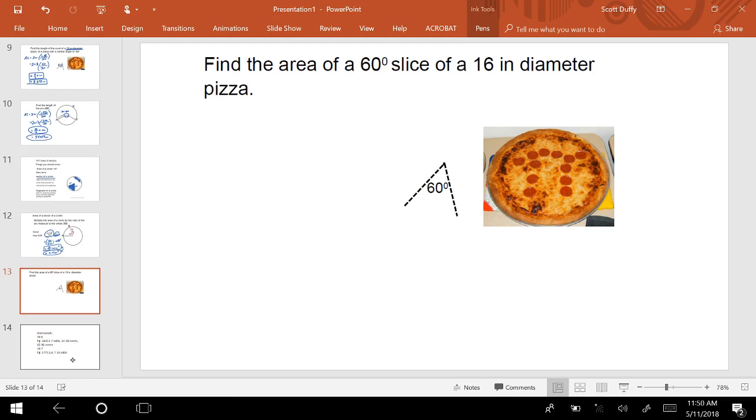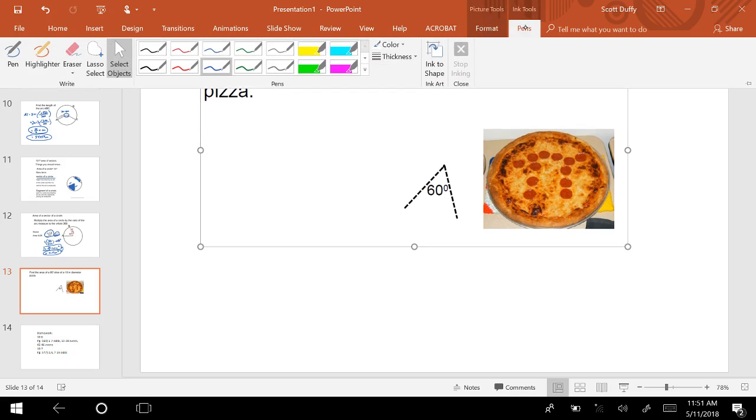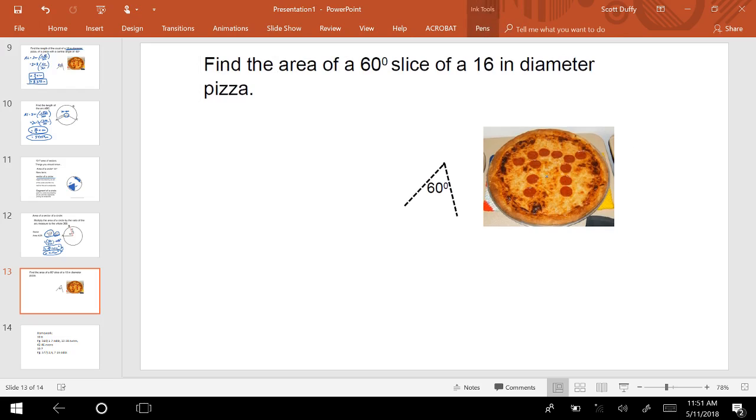If I want to find the area of a 60-degree slice of a 16-inch in diameter pizza, so you've got this 16-inch in diameter, which means that it has a radius of 8, 60 degrees right there, 8, 8. That's a piece. You want to find all of that area.